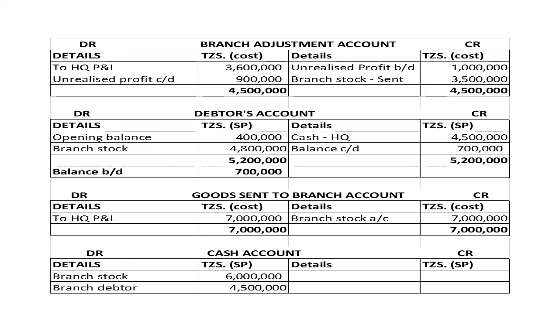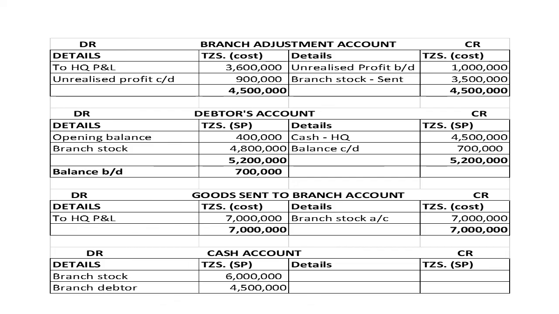So you start with the unrealized profit brought down, corresponding to opening stock, and then 3,500,000 corresponds to goods sent to branch during the year. But again, there is unrealized profit corresponding to closing stock. So the difference becomes the profit made by the branch, which has to be taken to head office.